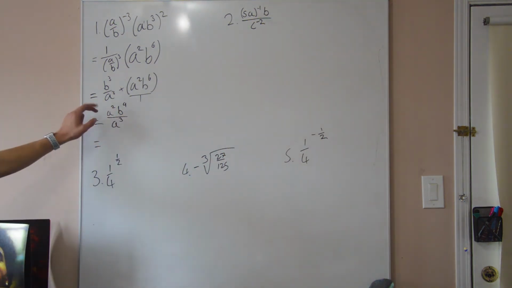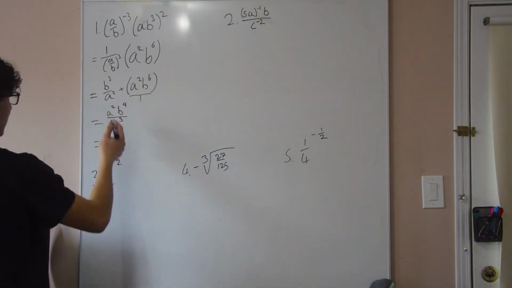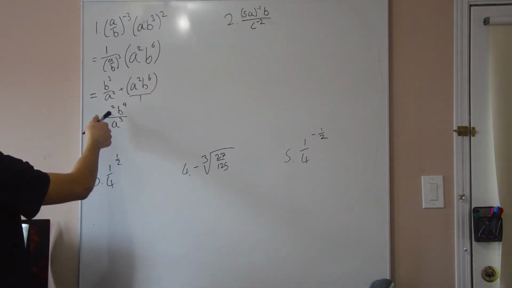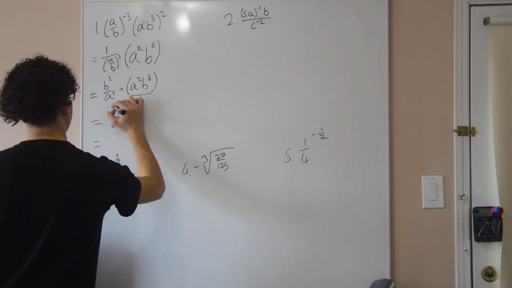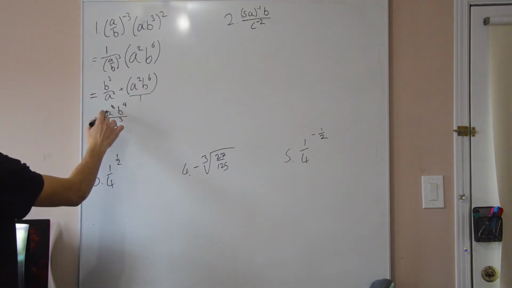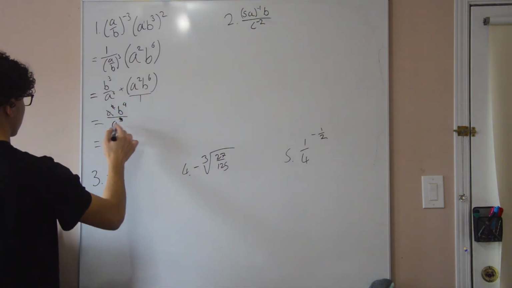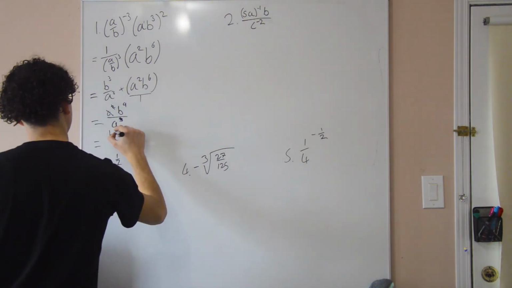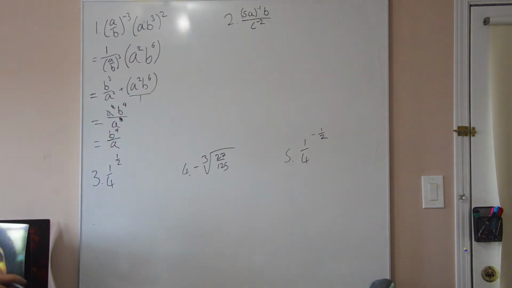And then here, I hope you notice that, okay, well we have a, so we can actually cross these out, or we can subtract. So we can fully eliminate this whole thing and turn this into just a. So it becomes b to the 9 over a, just like that.